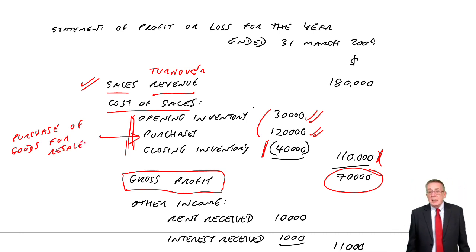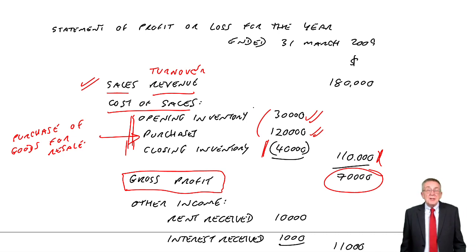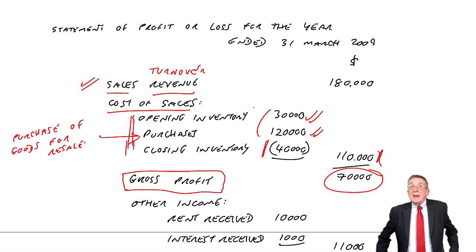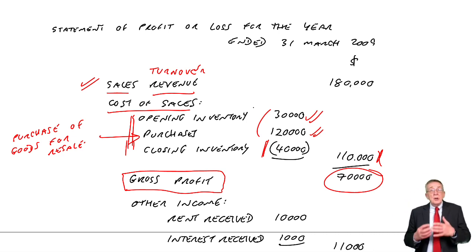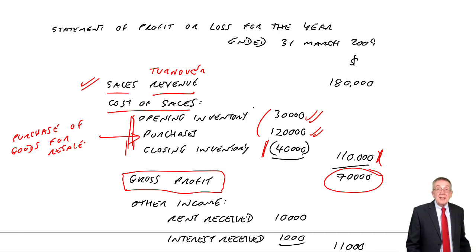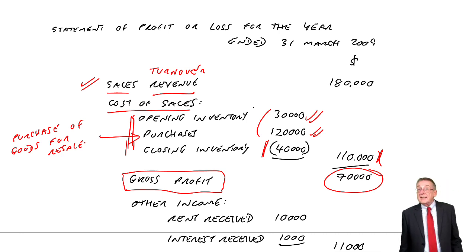So if ever you see something like their purchases were 120,000, in accounting, that means they spent 120,000 buying goods for resale. They may have bought lots of other things like cars and so on, but that's separate and that's not purchases.